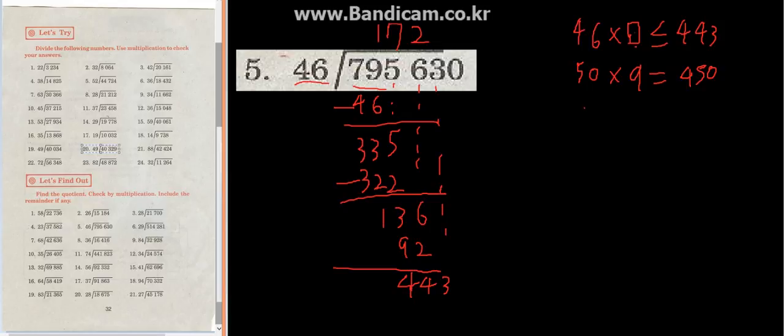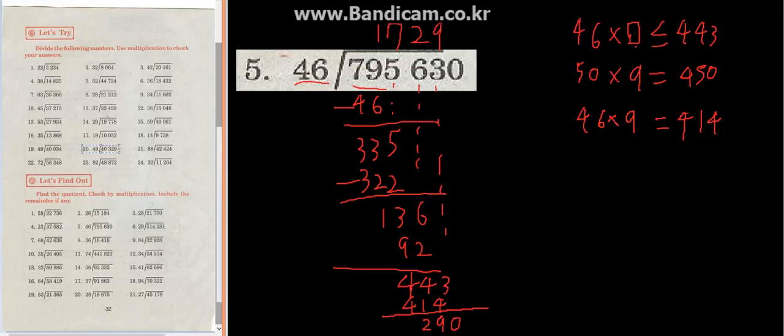So 46 multiplied by 9 is equal to 414. I think that is right. Yep, that is correct. So we put 9 happily and 414. So if we subtract, it's going to be 29, and we put down 0 very happily.